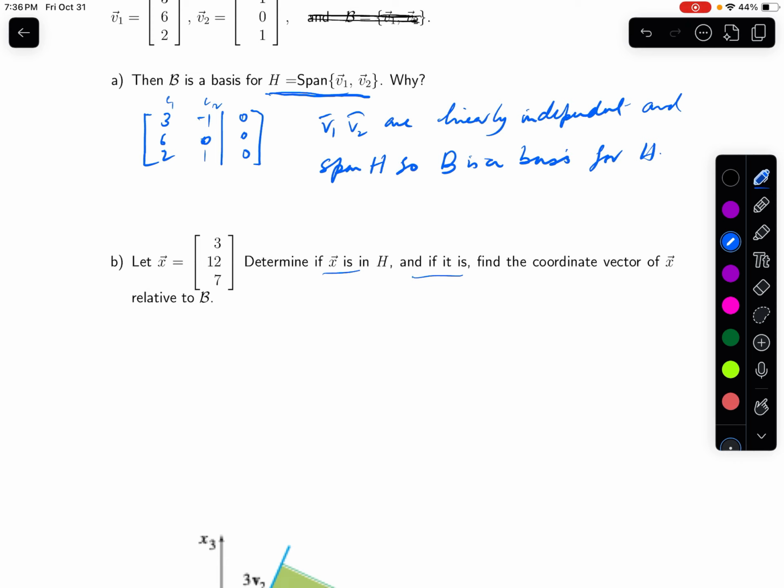Because the second row, if I multiply it by 1 over 6, gives me a 1 in the first column, I'll swap row 1 and row 2.